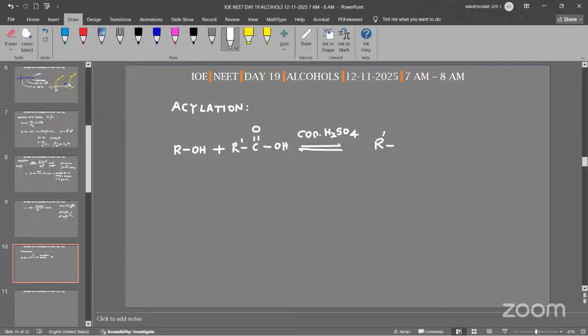R dash C double bond O, this is from the carboxylic acid, OR, right? This is from the alcohol. This is ester, plus water. Right? Now this reaction was invented by a scientist called Fischer.